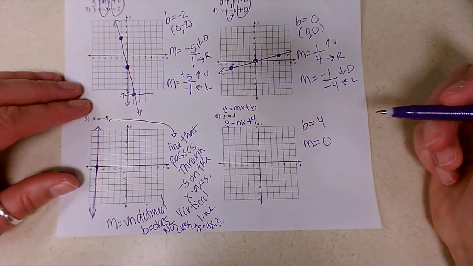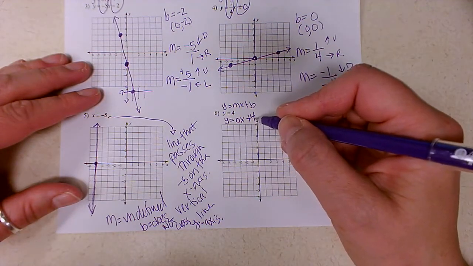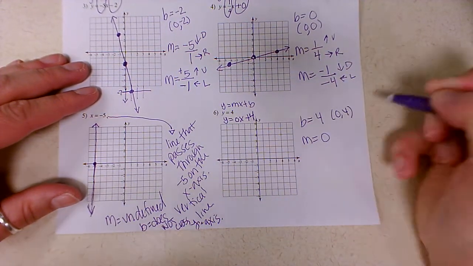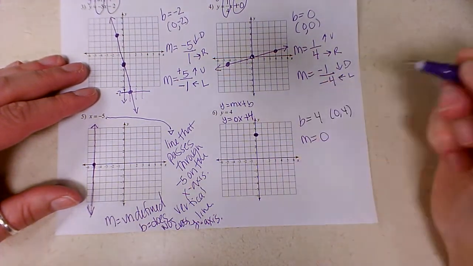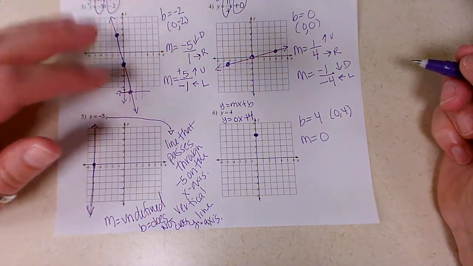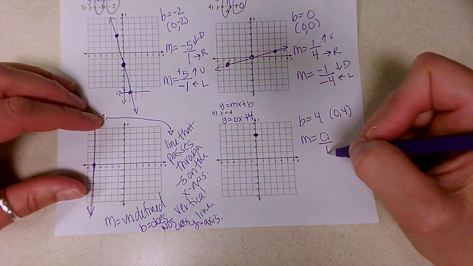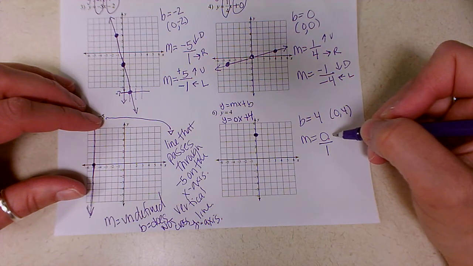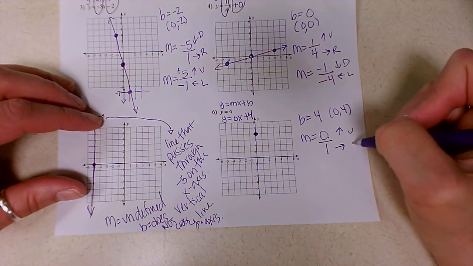So let's see what that looks like. Same thinking on this. Let's go to the 0, 4, the y-intersection point, which is right here. That would be our home base that I was talking about in all of the other ones. Now I would do my slope. Even making this into a fraction, it would be up 0, right 1.